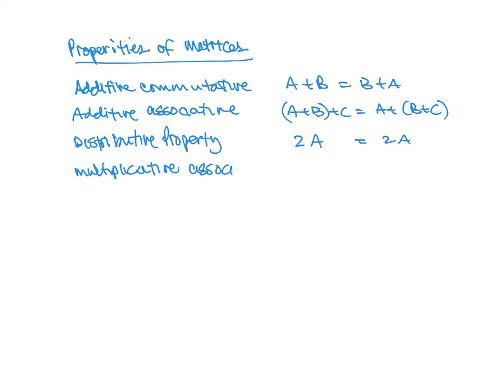The other thing that works is multiplicative, associative, meaning if I do A times B first and then multiply by C, it is the same thing as having A, and you have to have it in the same order. You can multiply B times C and then have the A. A needs to be first and then times the product of BC. What does not work?